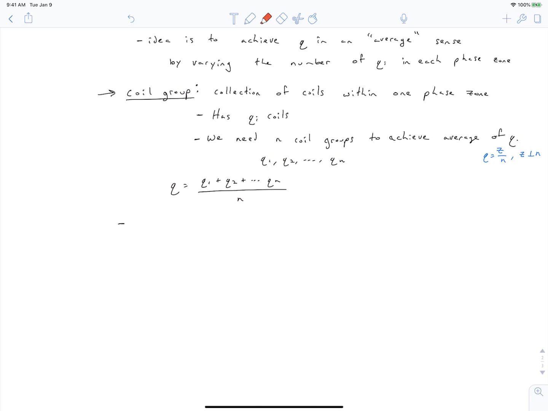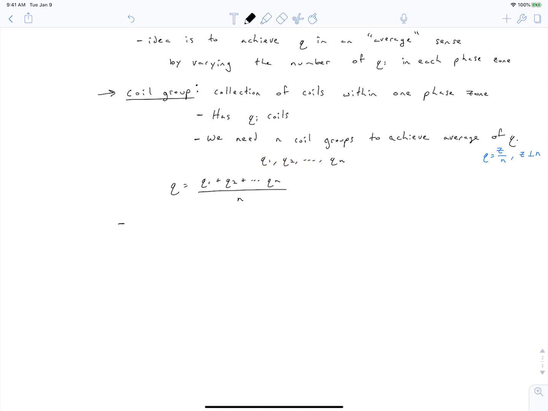So our approach is that we have to figure out how many coils belong in each coil grouping. So what we'll do then is that we'll distribute the coil sides of these coil groups across the zone diagram. Or maybe put in a different way, we're going to determine the relative widths of our zone diagram so that we achieve this sequence of coil groups.